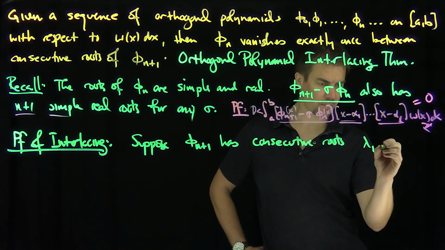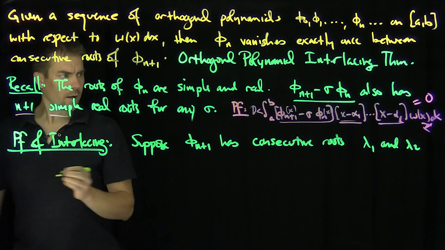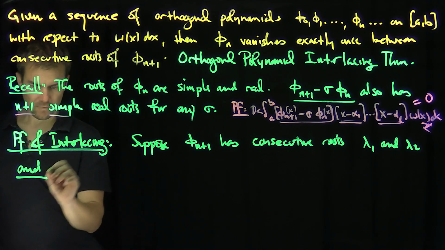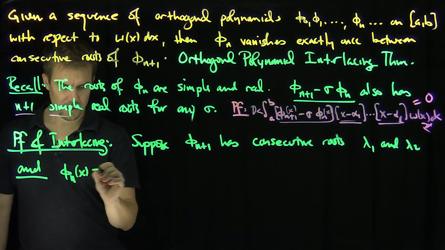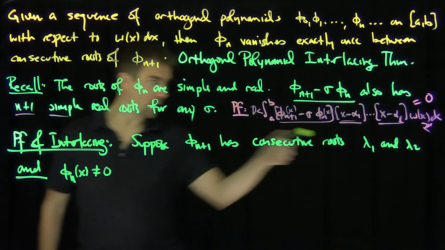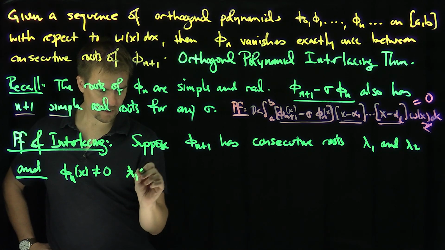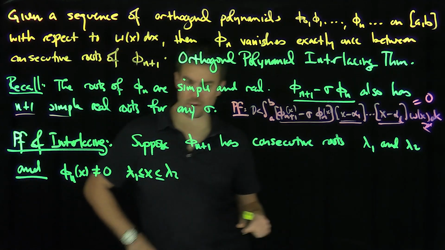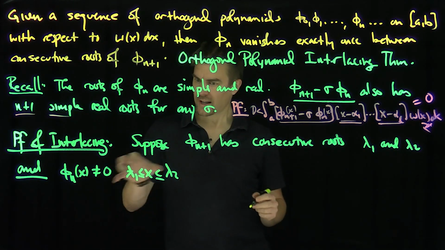And phi n of x is not equal to 0 for lambda 1 less than x less than lambda 2, and also at the endpoints, because I know that phi n plus 1 and phi n cannot have common roots, right? So in other words, it's not equal to 0.